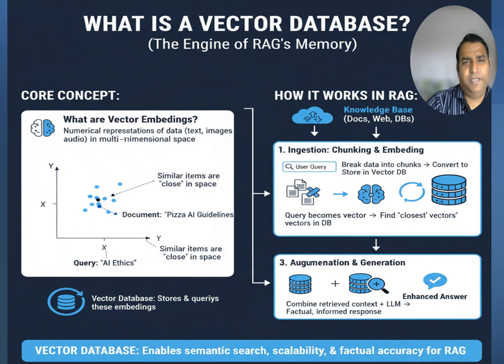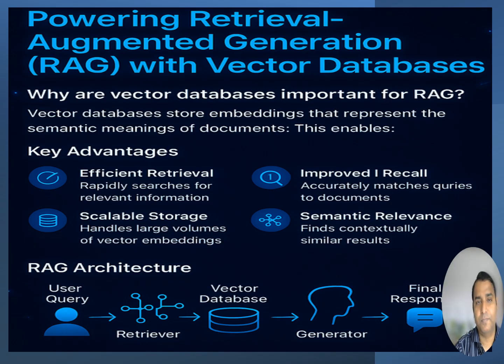So why does the vector database matter in RAG? In a RAG system, the retrieval step depends on finding documents that are semantically similar to a user's query. This is done by embedding the query into a vector, searching the vector database for similar document embeddings, and then retrieving the top k relevant documents to pass to the generative model.